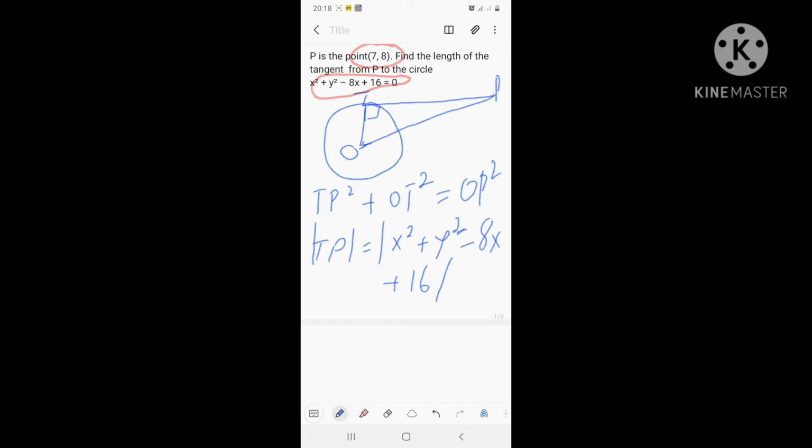That means x equals 7, y equals 8. Are you following?